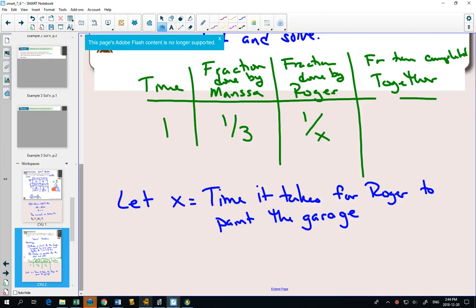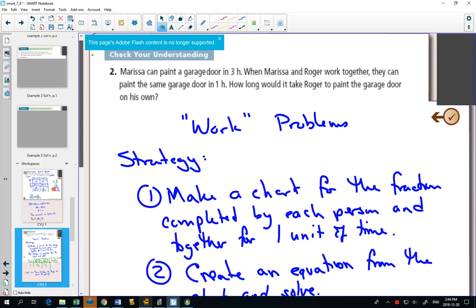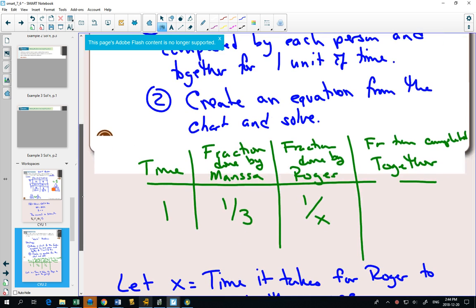How much do they get done together? Read the question. 1 out of 1, because they finish it in 1 hour. Together, in 1 hour, they would get it all done.